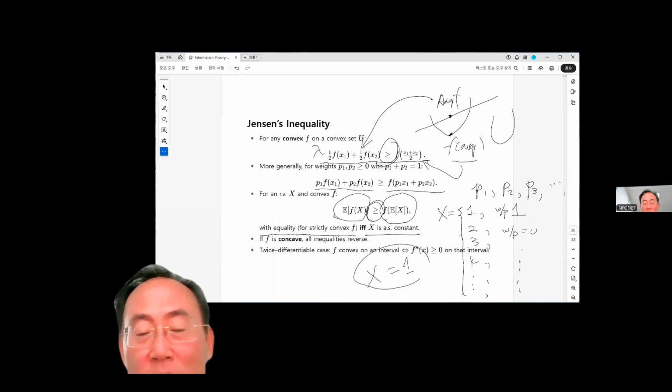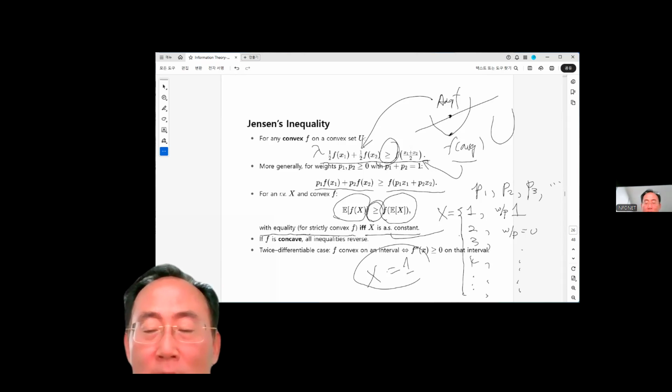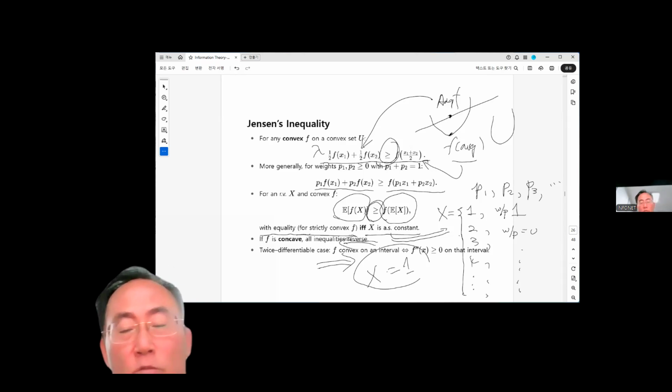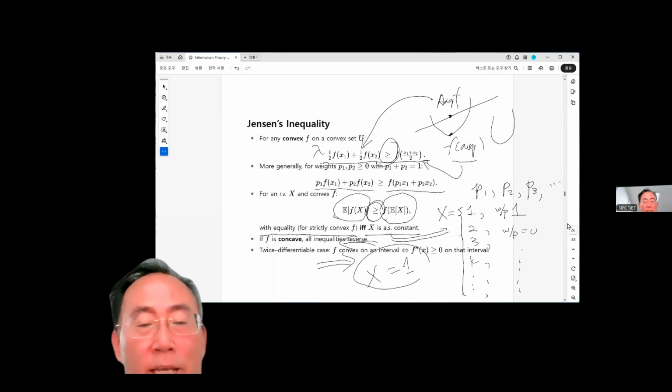You can define constant this way. So that is what we mean by almost sure constant. Okay? So if it is almost sure constant, that part is easy. That part is a little bit difficult, but if we have applied the strict convex function f, it falls through immediately. All right.